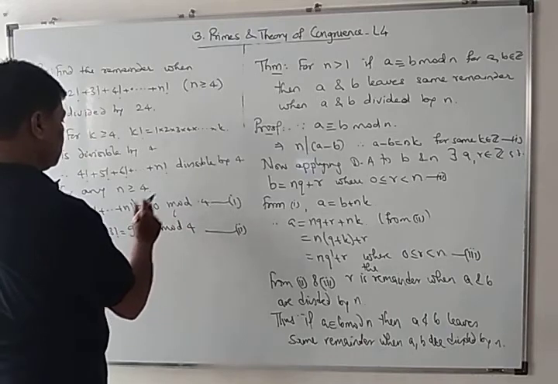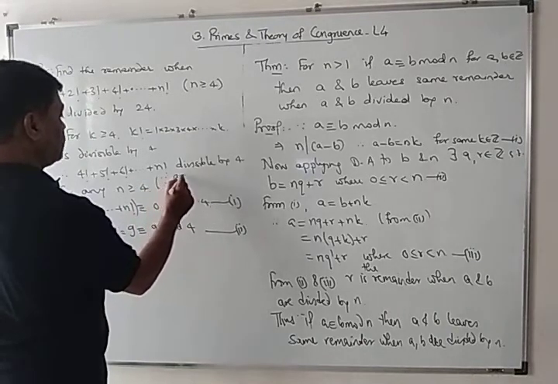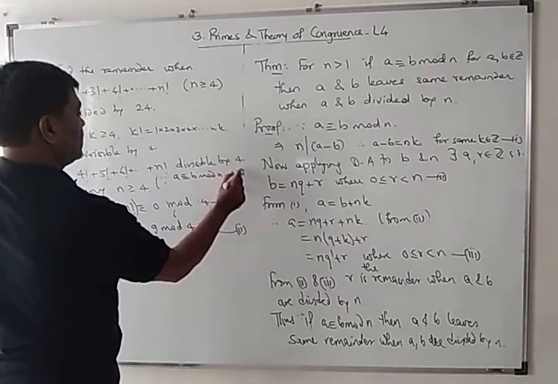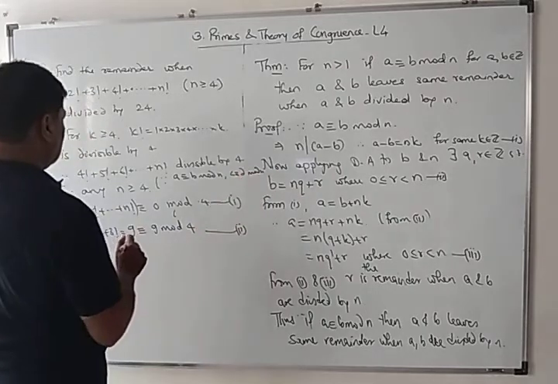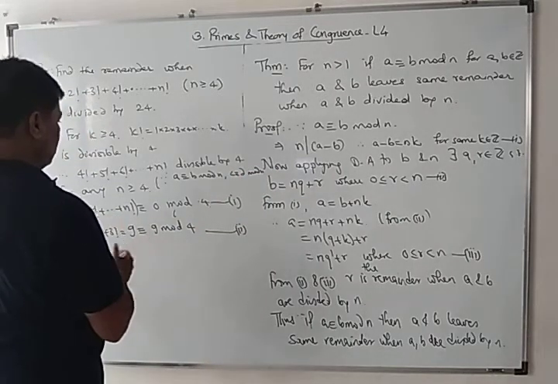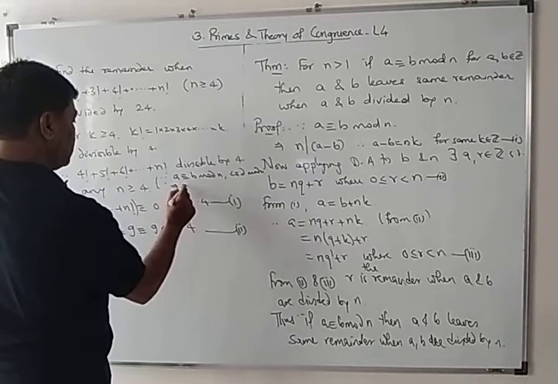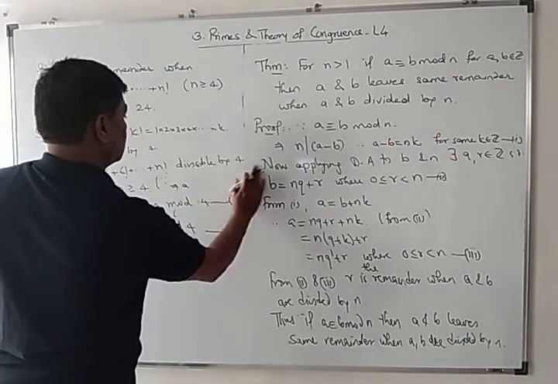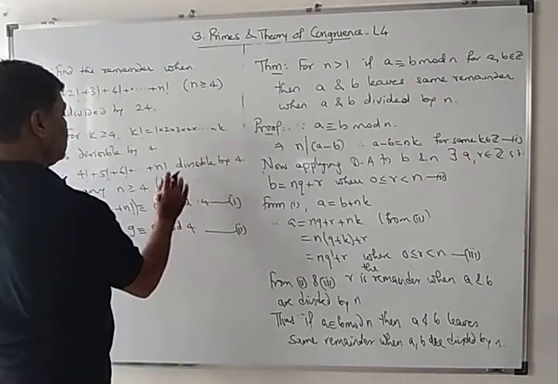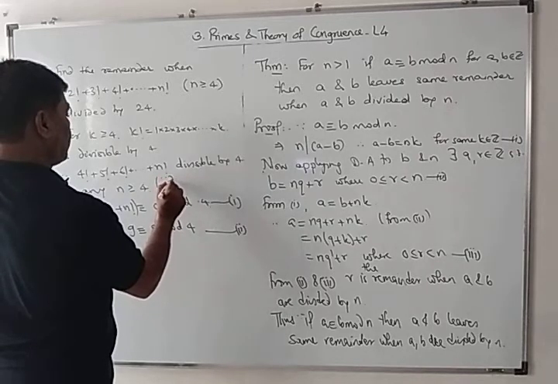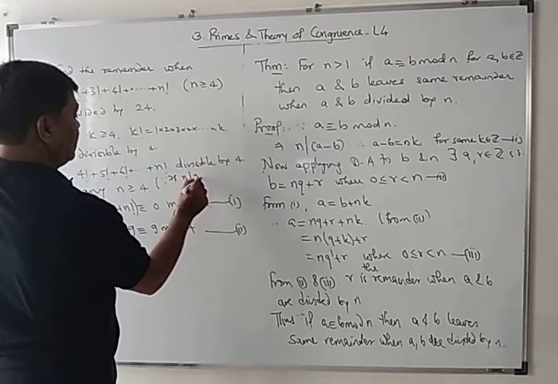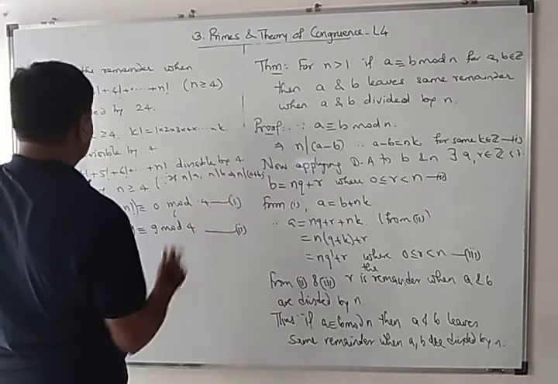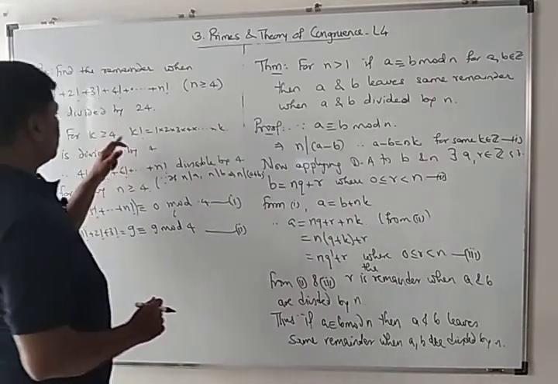So here what is the reason? A congruent to B mod n, C congruent to D mod n implies A plus C is congruent to, since if n divides A, n divides B implies n divides A plus B. So 4 divides each k factorial for k greater equal to 4.